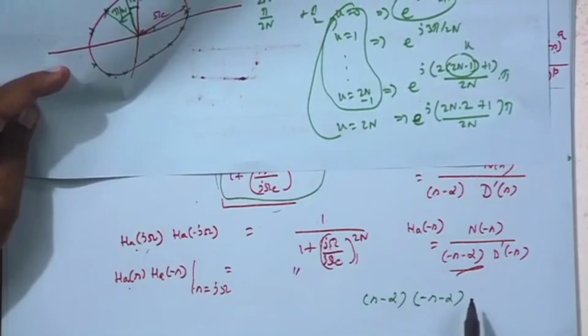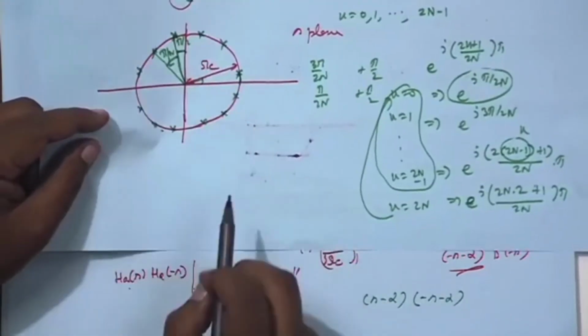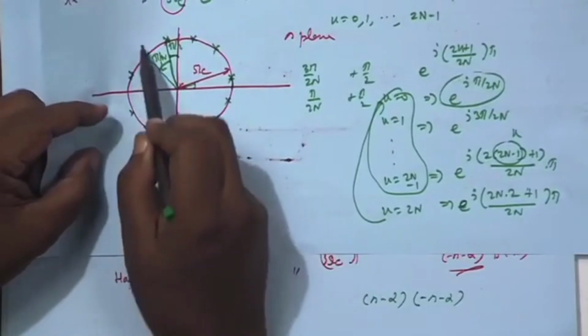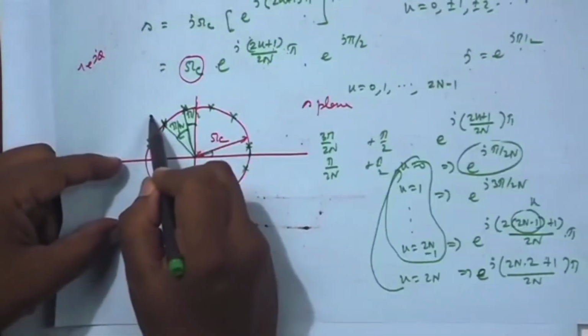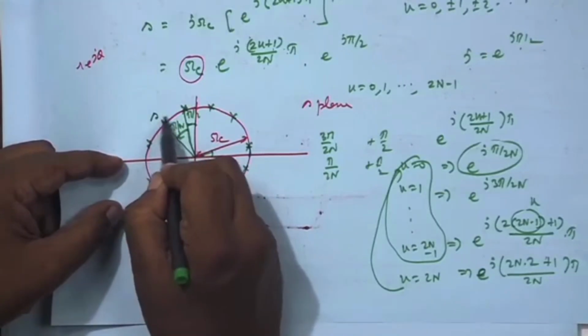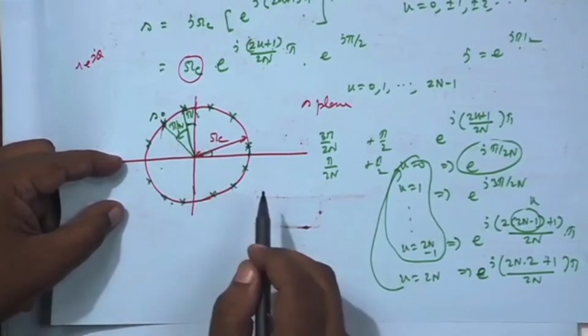at minus alpha, which means the 2n poles will be such that if there is one pole on, say, the left hand side, suppose some S, if you call it some S0, then there will be another pole at minus S0.